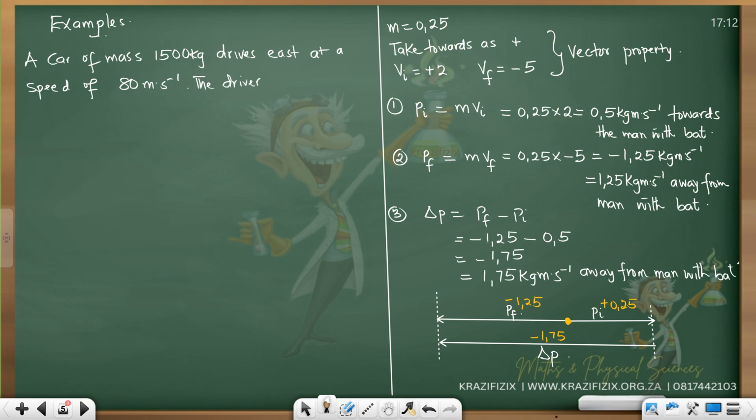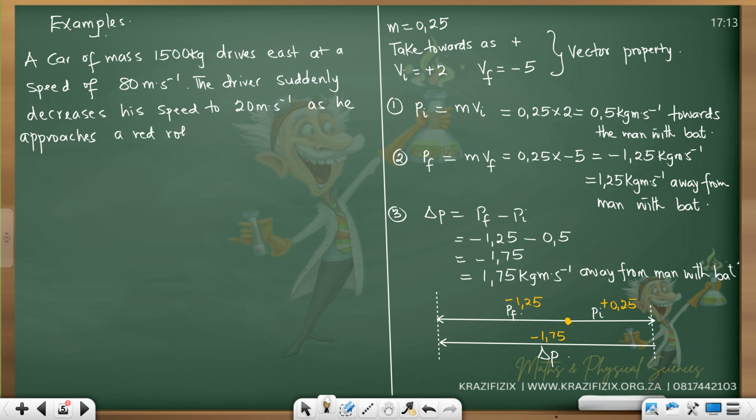The driver suddenly decreases his speed to 20 meters per second as he approaches a red robot.